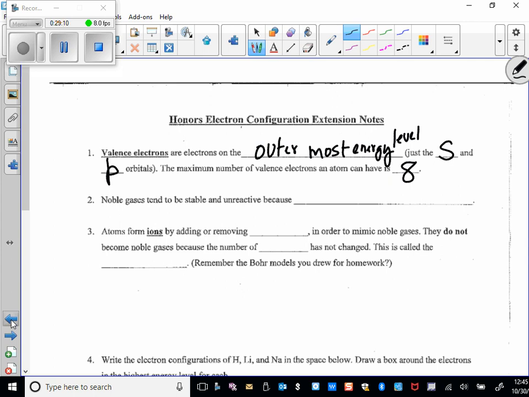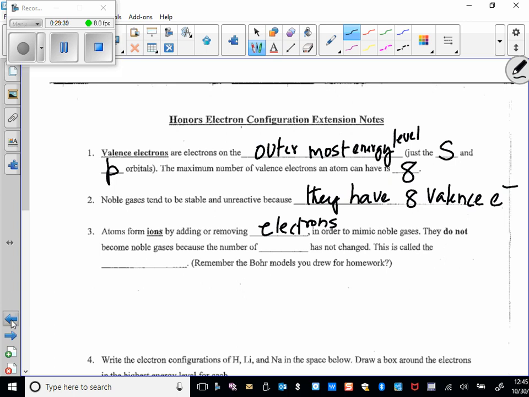Noble gases tend to be stable and unreactive because they have how many valence electrons? 8 valence electrons. Now, how do atoms form ions? Atoms form ions by adding or removing electrons in order to mimic noble gases.